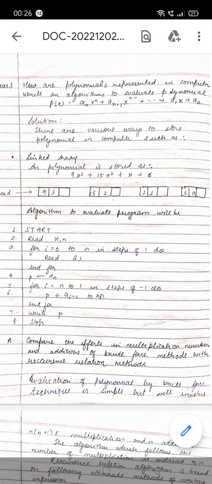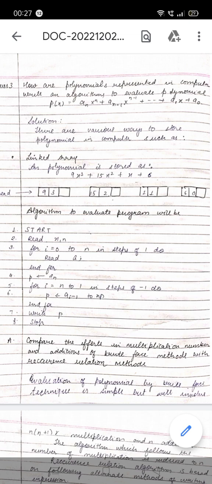The coefficient part of each term is stored separately, and the exponent of the variable in the term is stored separately. For example, in the term 9x cube, 9 is stored in one node and 3 is stored separately from 9, but in the same node as 9.